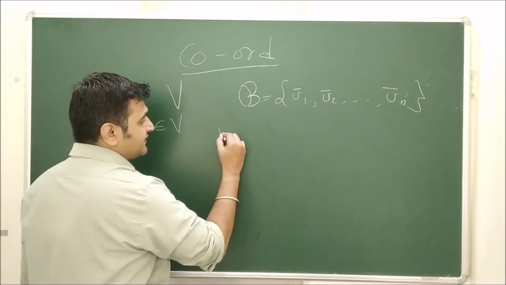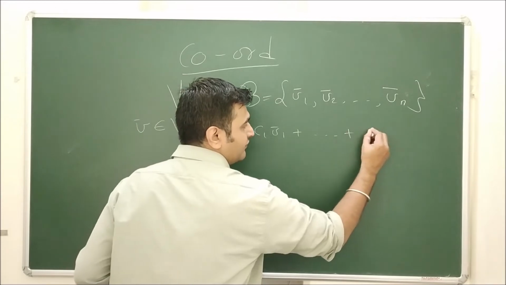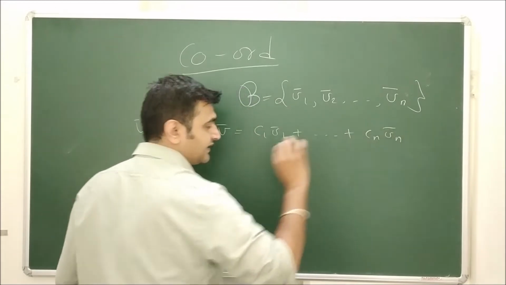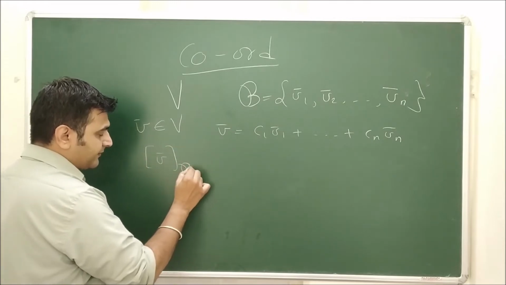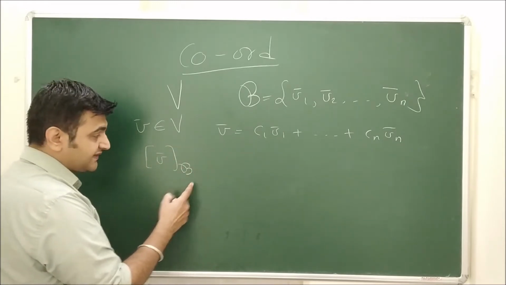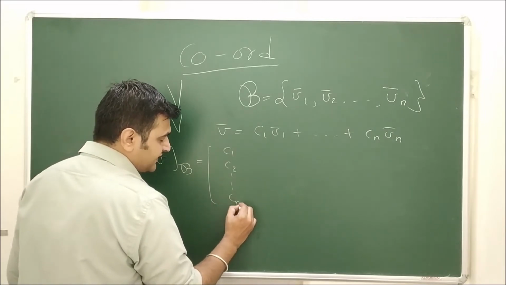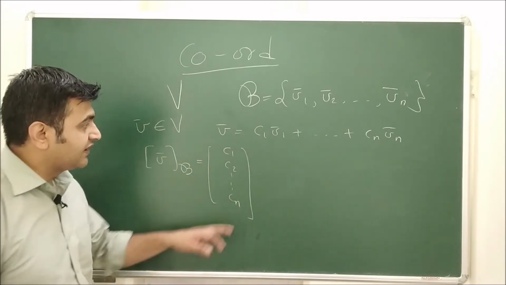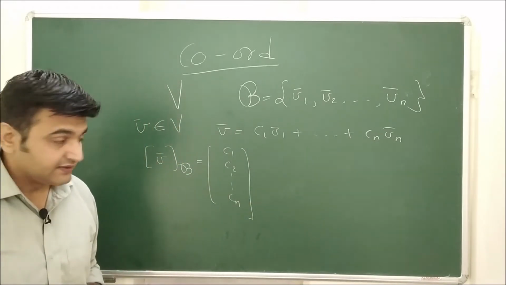Since this is a basis, you can write this uniquely as a linear combination of basis vectors. And then you define the coordinate vector of v with respect to the ordered basis B as the column vector c1, c2, up to cn, the vector consisting of the coefficients. So good, I know how to find this.